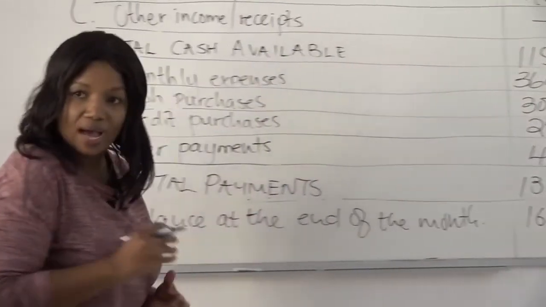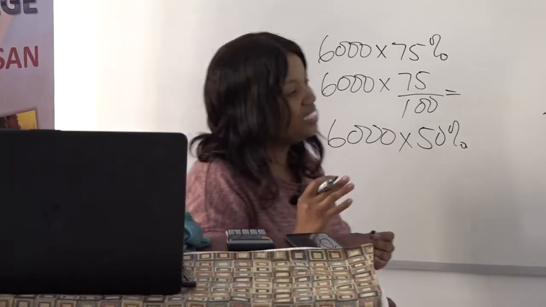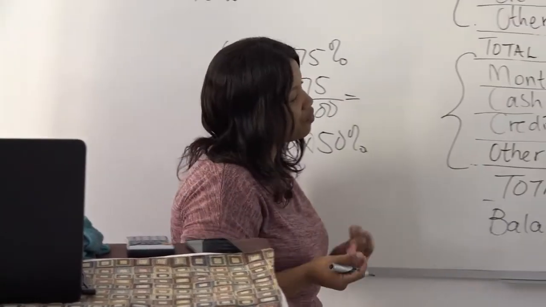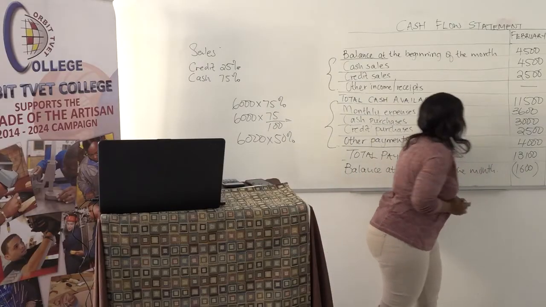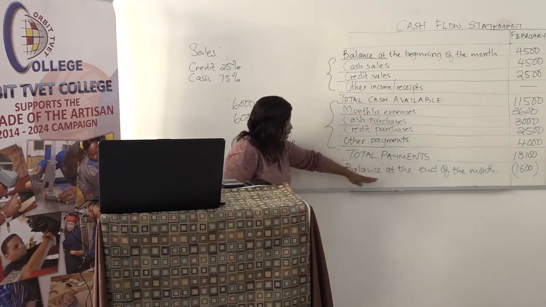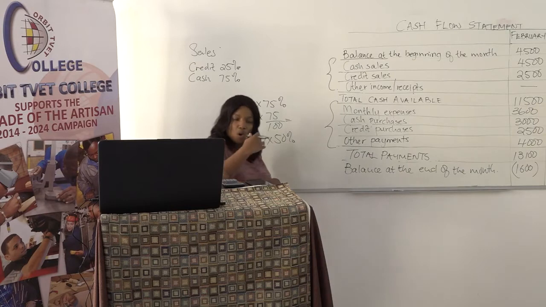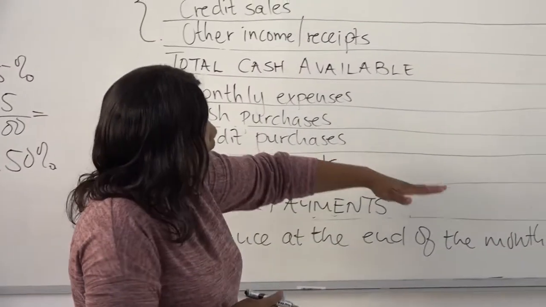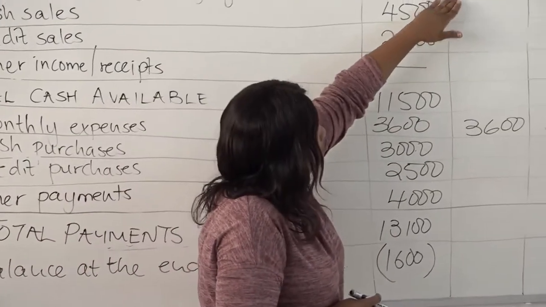Now, remember I said, if the balance is negative, it means that it is unfavorable. Now, when it is unfavorable, we put it in brackets. Our balance at the end of the month is going to be our opening balance for the coming month, meaning that the balance at the end of February is going to be the opening balance for March.